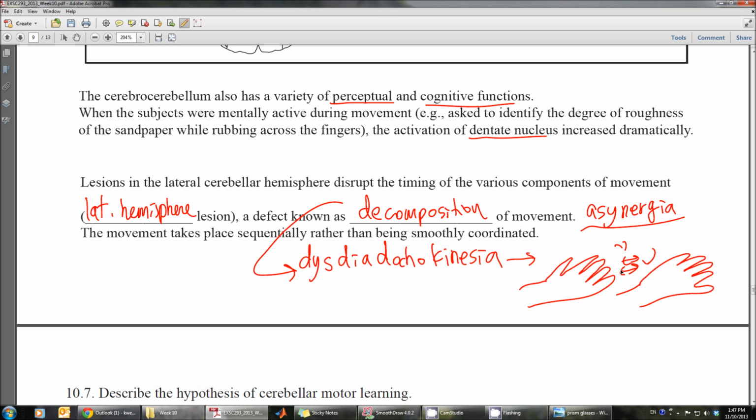Because this planning is disrupted, the brain has a hard time attuning to the timing of the antagonist and agonist muscle contraction to flip the hand in fast motion. So this is one example, dysdiadochokinesia: fast supination and pronation of the arm is difficult for them.